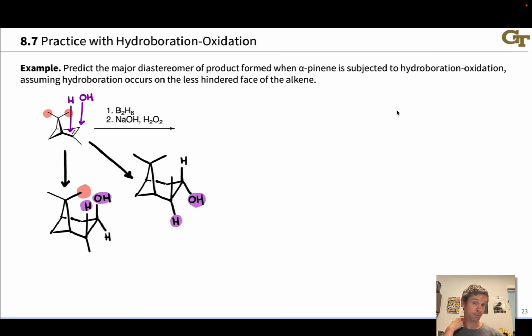This also creates potential steric issues, steric clashing, steric strain in the product of approach from that top face. And so approach from the bottom face here is likely to be favored, and the major diastereomer is going to be this one with the OH group and the new hydrogen underneath the alkene, bonded to the more open face of the original alkene.